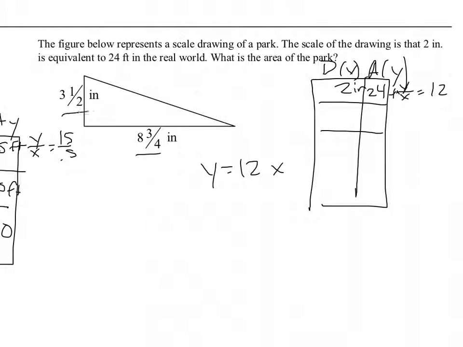So here I have 8 3/4 and 3 1/2, so 3 1/2 and 8 3/4. So y is equal to, that is 7 over 2 times 12. And that's going to give me 42 feet.